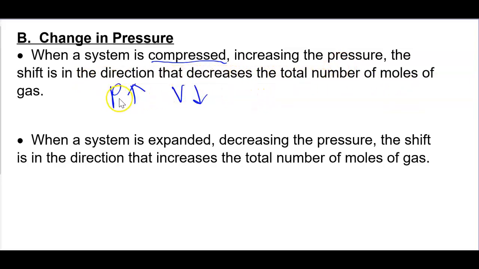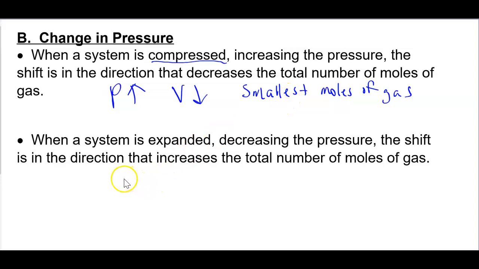So when you increase pressure, you're going to go to the side with the smallest number of moles of gas. So you're going to count the moles of gas on the left side and the right side of the reaction, and when pressure goes up, you're going to shift to the smallest number of moles.